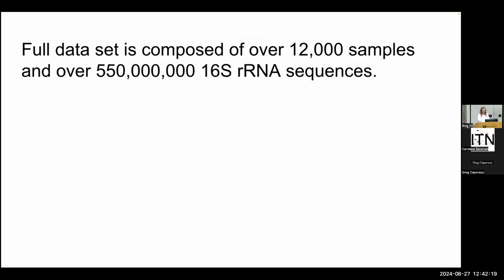This study was huge. It's a huge compilation, over 12,000 samples and over 550 million 16S rRNA sequences. We will just be using a tiny bit of that, but it is a very cool compilation and a very great resource for the medical community.